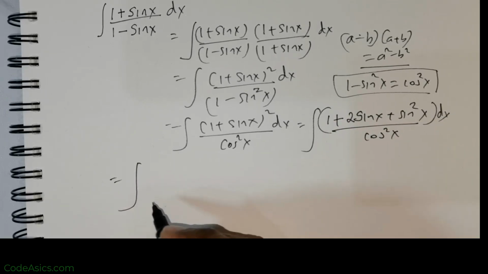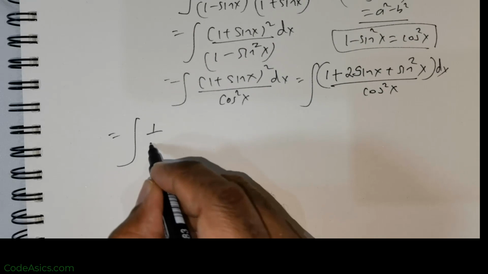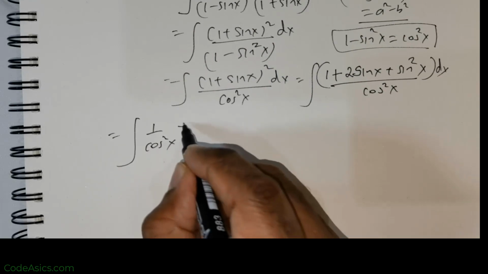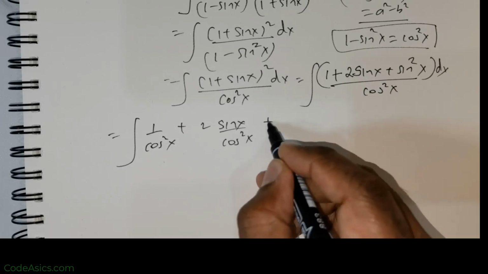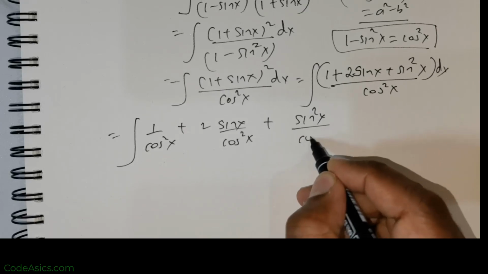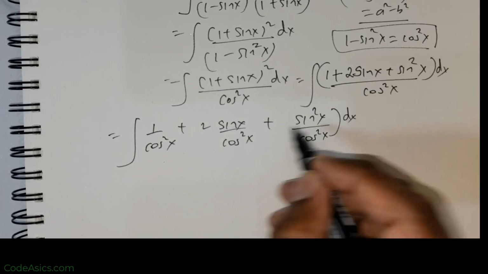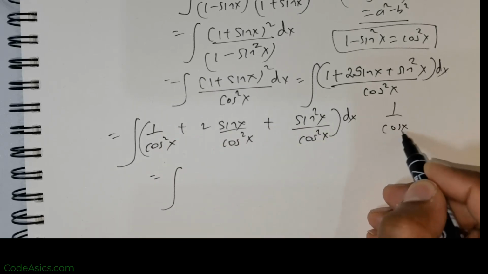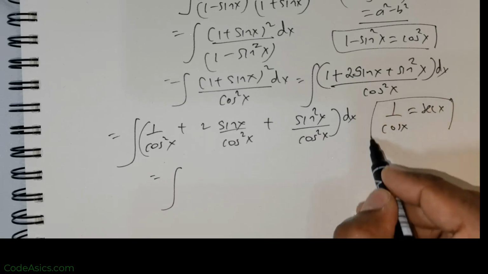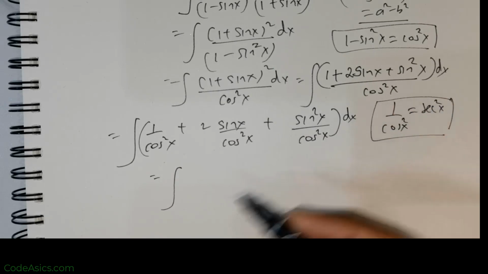Now let me rewrite this as 1 over cos squared x plus 2 times sin x over cos squared x plus sin squared x over cos squared x times dx. Now 1 over cos x is secant x. So 1 over cos squared x is going to be secant squared x.